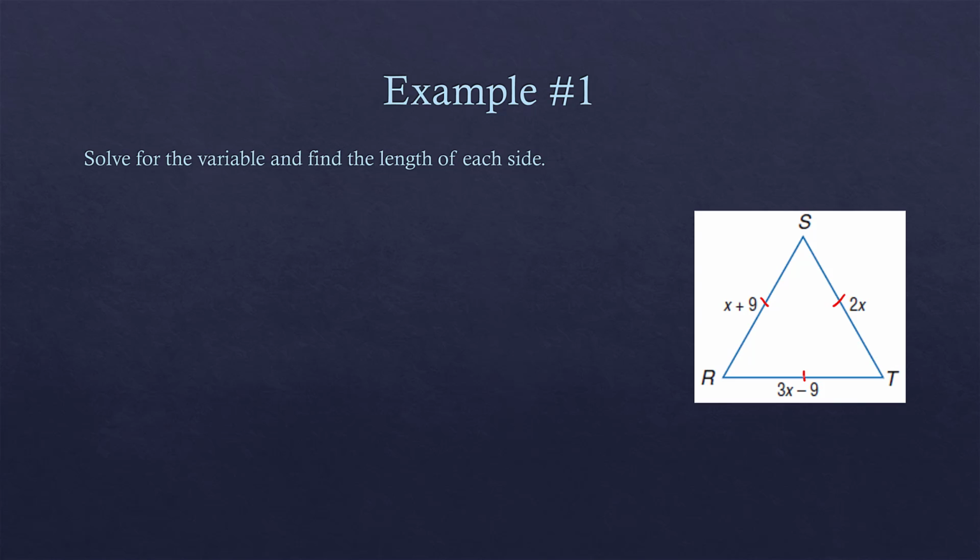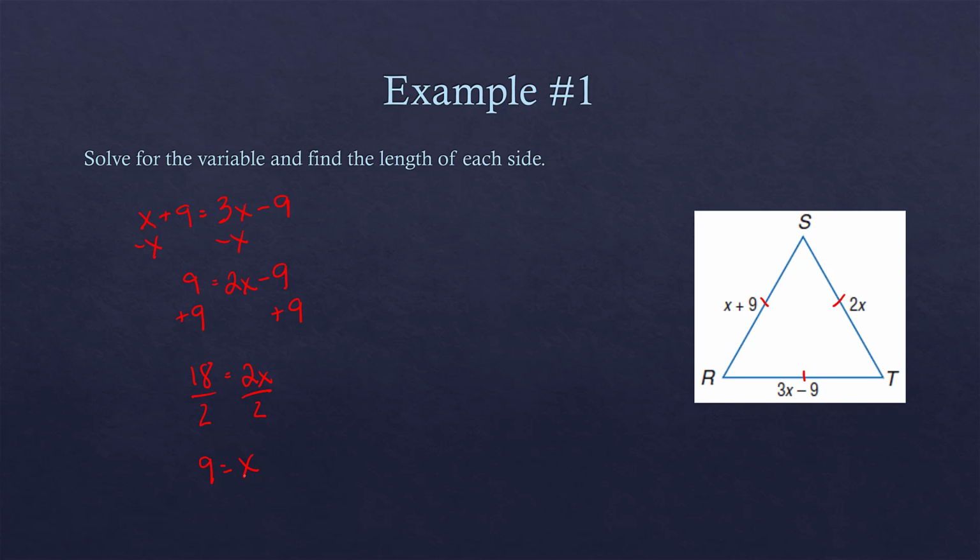So I am going to use RS, the x plus 9, and set that equal to RT, 3x minus 9. So I'll move the x over, and I'm just solving for x. And we find that 9 equals x.